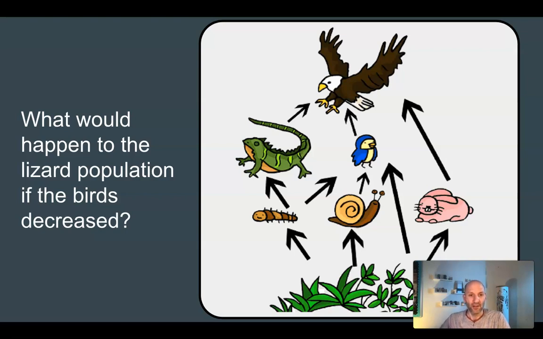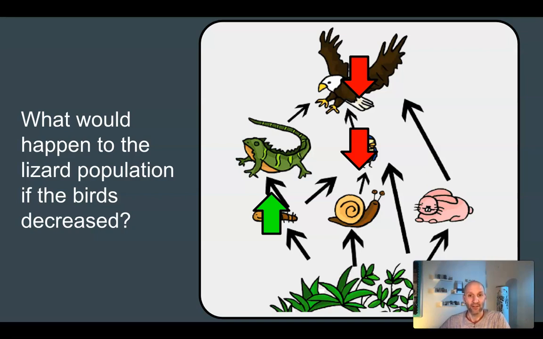What would happen to the lizard population if the birds decreased? Again, two organisms that are not directly connected. I could tackle this in two ways. If the bird population decreased, two things would happen. The eagle population would decrease because there's fewer birds to eat, and the caterpillar population would increase because they have fewer predators.